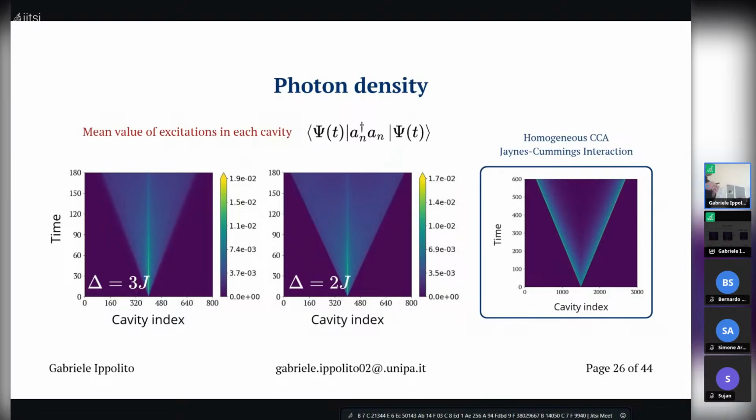But in our case, we have two photons, and we have a continuum of resonant modes, and a continuum of different possibilities and combinations of group velocities with which these two photons can be emitted and propagate in the array.